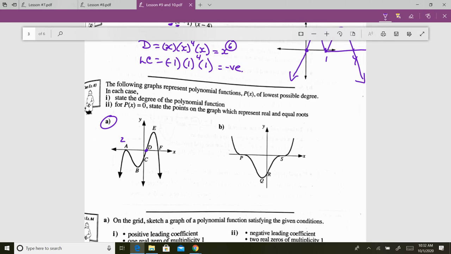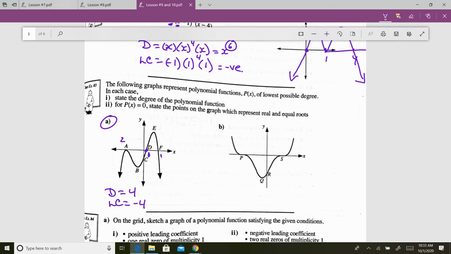If you pass straight through, what's the multiplicity? 1. And this one's 1. So what's the degree of this function? 4. What's the leading coefficient? Negative, right? Everybody agree with that? Okay.